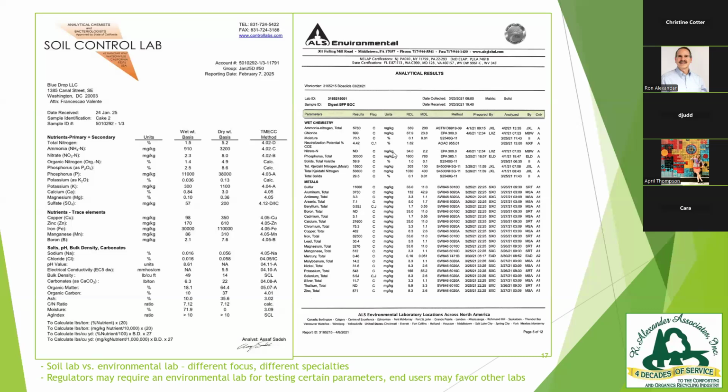I'm a firm believer that I don't want my nutrient data and agricultural data coming from an environmental lab, and I don't want my heavy metal data from an ag lab. I would rather have that from an environmental lab because they specialize in the testing of these materials. But some facilities have to test for different numbers of things. Okay.